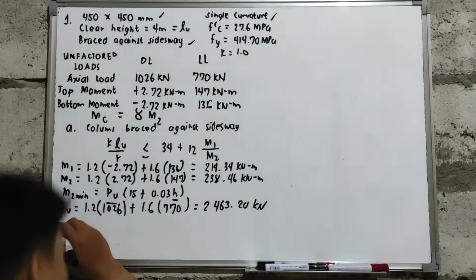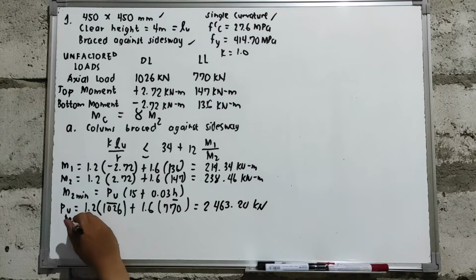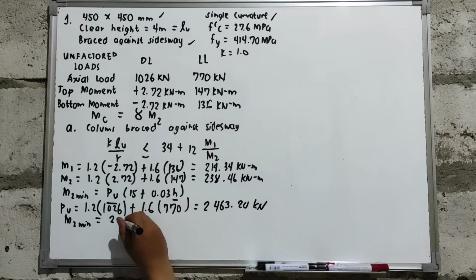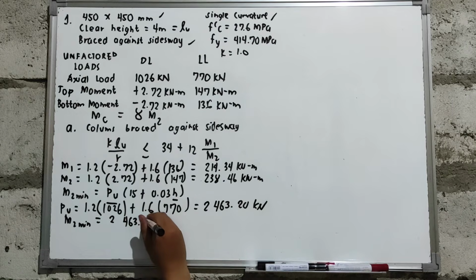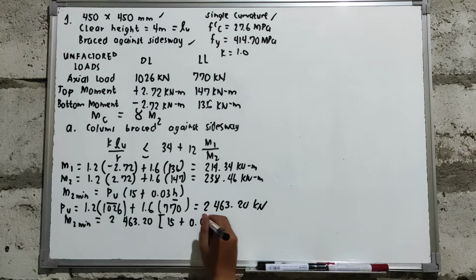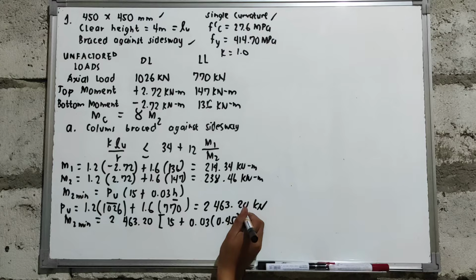So what will be the value of your M2 minimum? Let's substitute our values. M2 minimum is equal to 2,463.20 kilonewton multiplied by 15 plus 0.03 times h, which is equal to 0.45 meter.